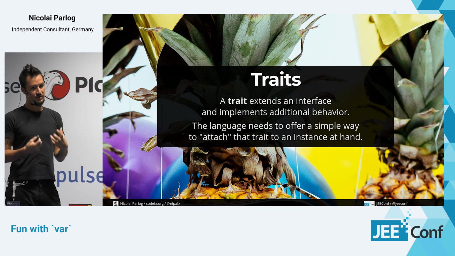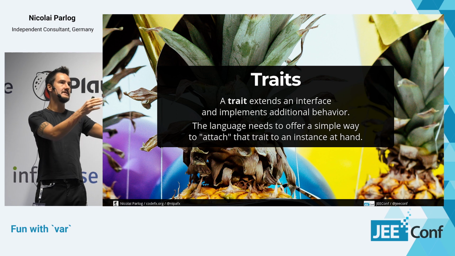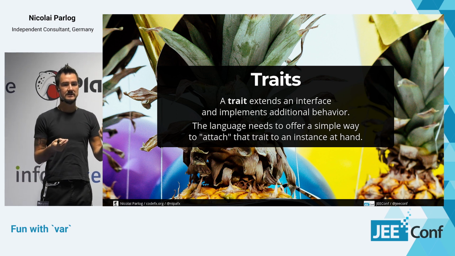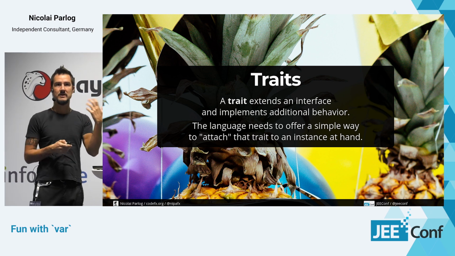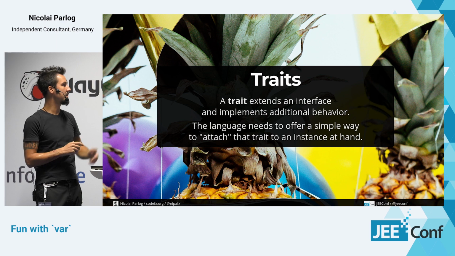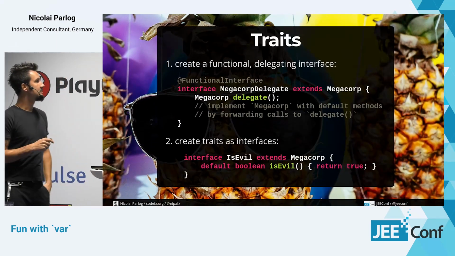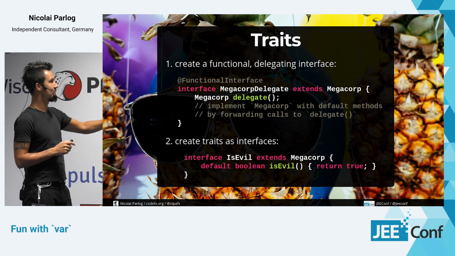The idea behind a trait is that you can do that. A trait extends the megacorp interface and adds functionality, and then a language that supports traits allows a simple way to take that trait and tack it onto the side of the megacorp instance you have, and there you go, you can use all of that behavior. We would look at code now, but we don't. So here's how you do it, and it's not easy, and I'm not saying you should, it's just how it works.